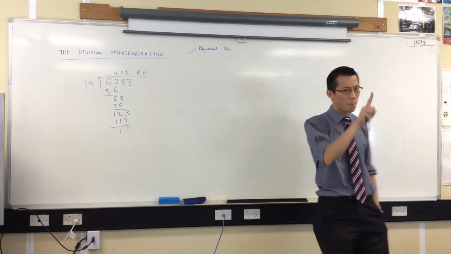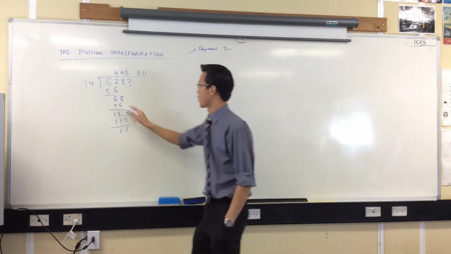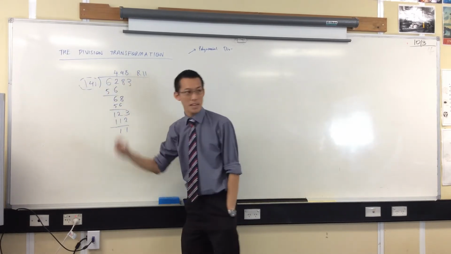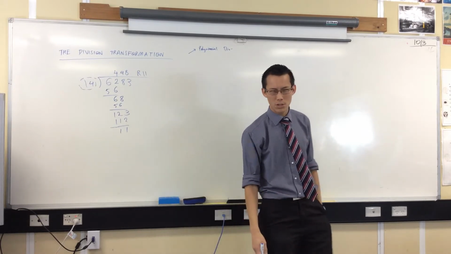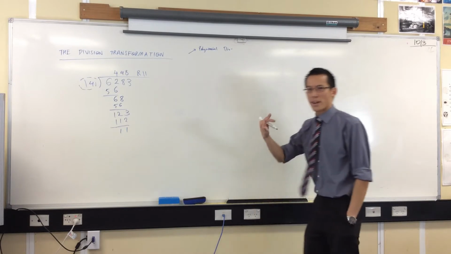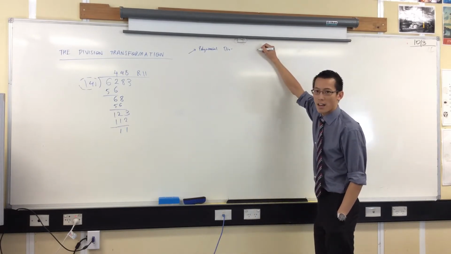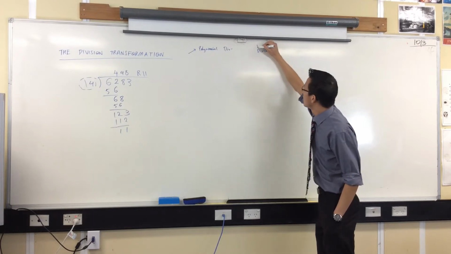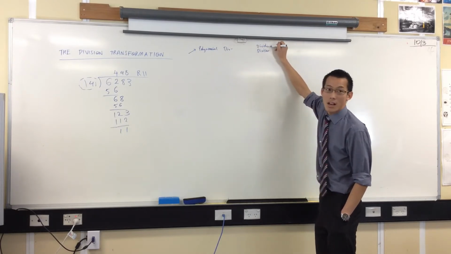Okay. By the way, for bonus points, there are 3 numbers here, right? The 14, the 6,280, 448. They all have names. Which one's which? We know what the 3 names are, right? There's the divisor, there's the dividend, and the quotient.